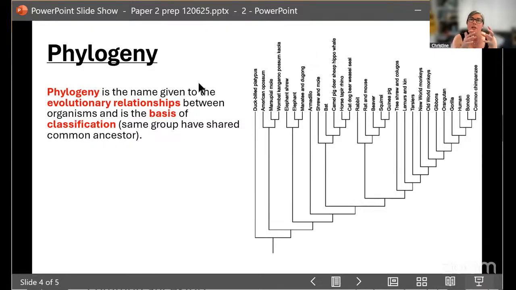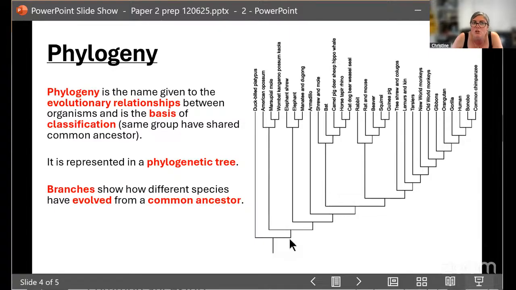They give you a little bit of information, but they don't expect you to memorize enough of it to make it make sense. What's important for OCR is that when we use a phylogenetic tree, we are showing this evolutionary relationship, because if they're branched together, they have come from a common ancestor.